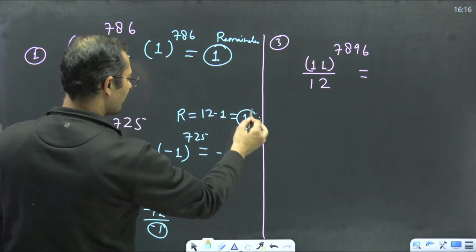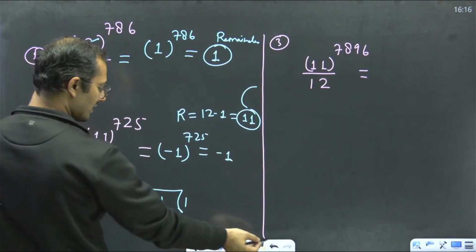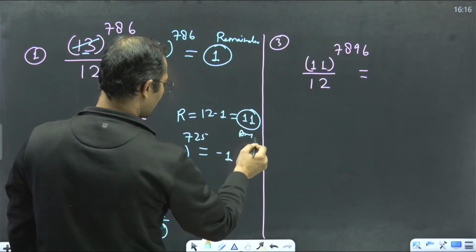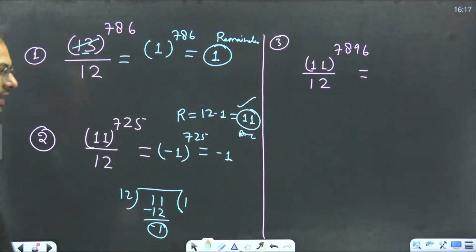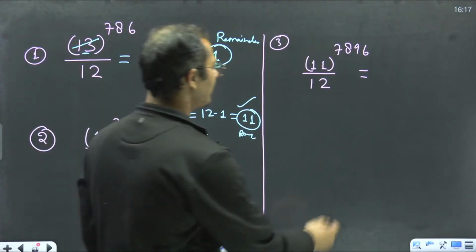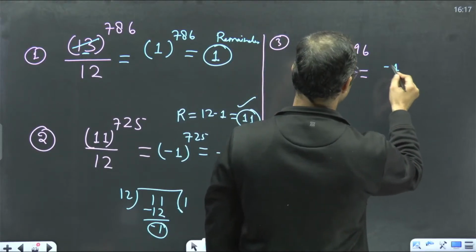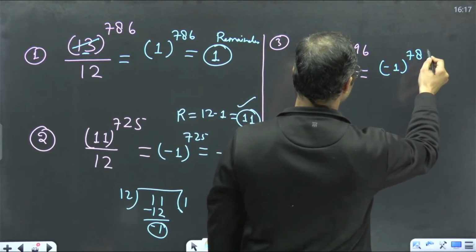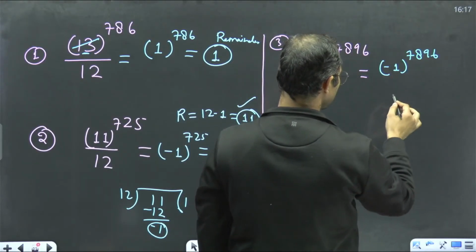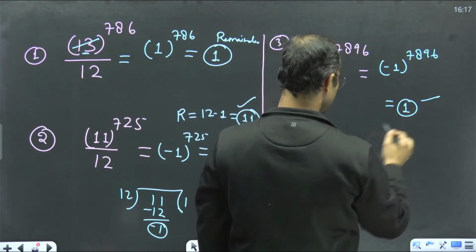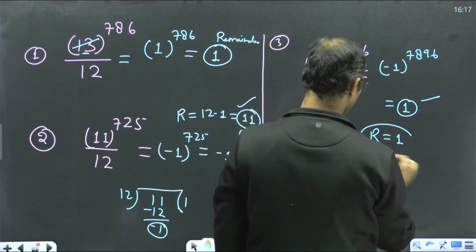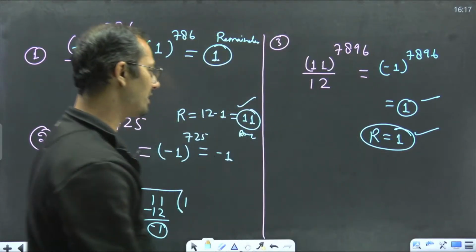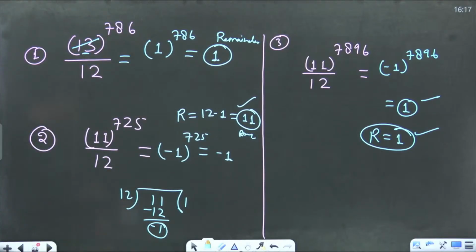So 11 is the final answer. Now minus 1 to the power 7896, the power is even, so I get 1. So the final remainder is 1. I hope the concept is very clear. Clear?